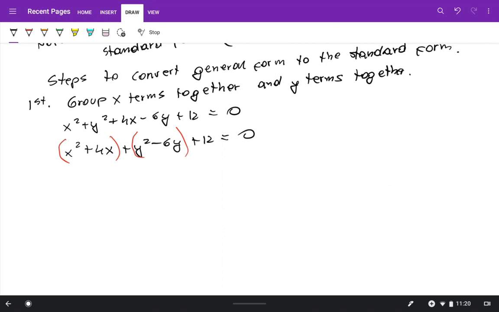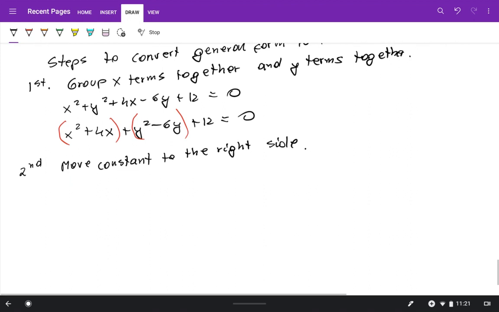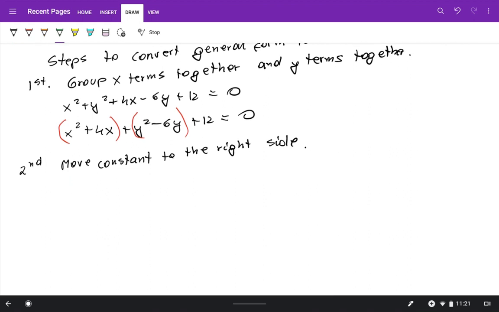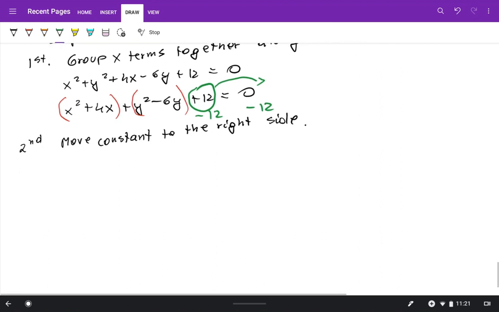Second, you're going to move the constant. Constant is the number which stands by itself on the left side, to the right side. So what that means, in our case, the constant is 12. 12 we need to move to the right side. So to do that, I'm going to subtract 12 from both sides. And again, we just continue.